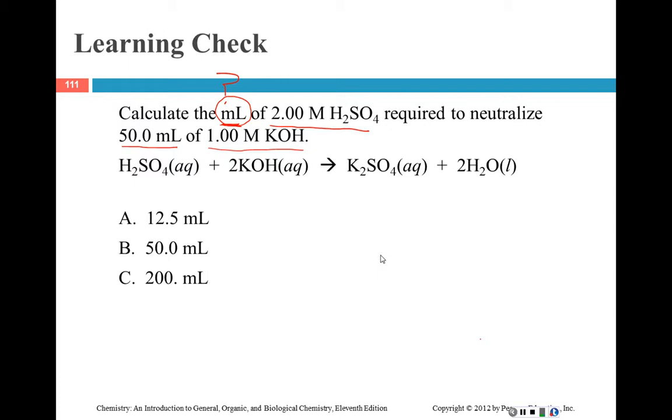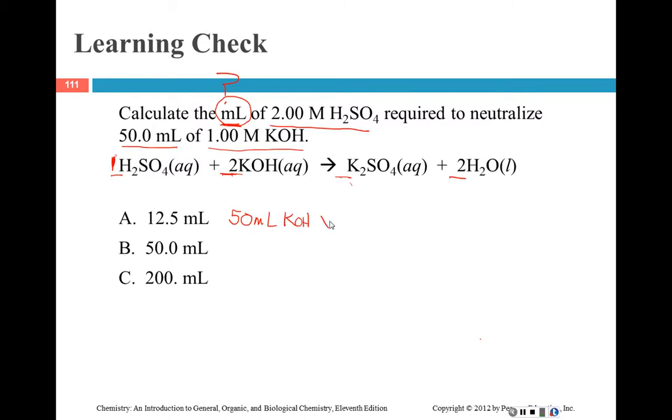So what do I start with? Well, I start with the volume I know, and they've already given me the balanced equation, so I don't have to do that. This time I'm going to have a 1 to 2 ratio, so I've got to watch that. I start with 50 milliliters of KOH.